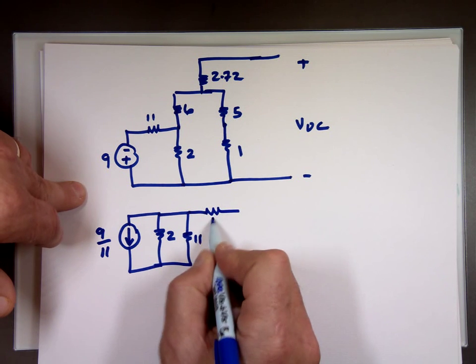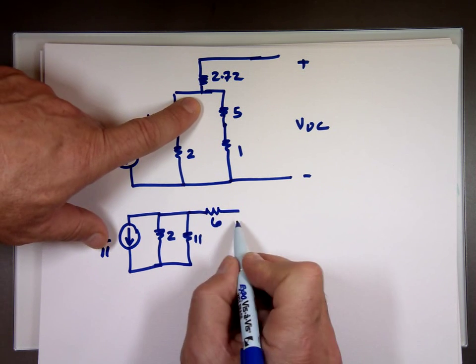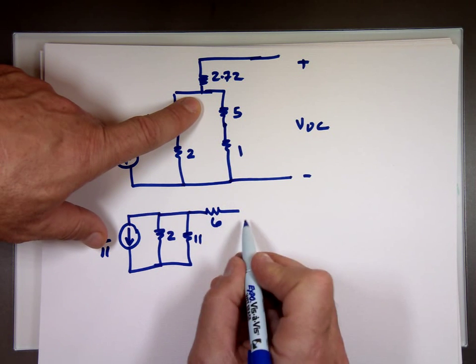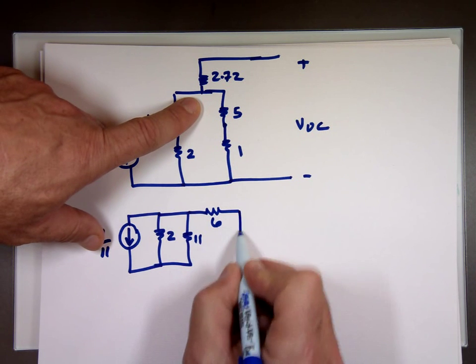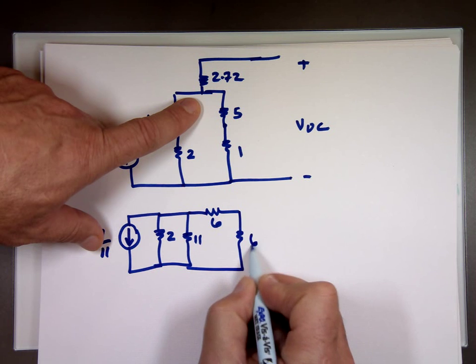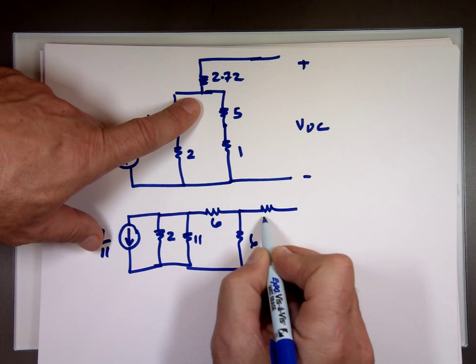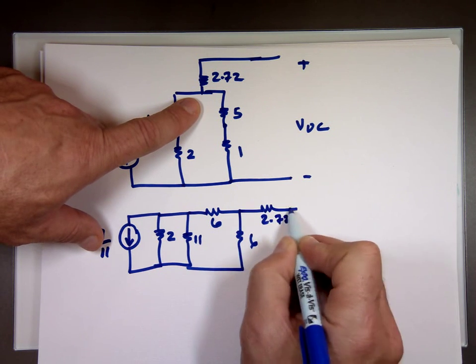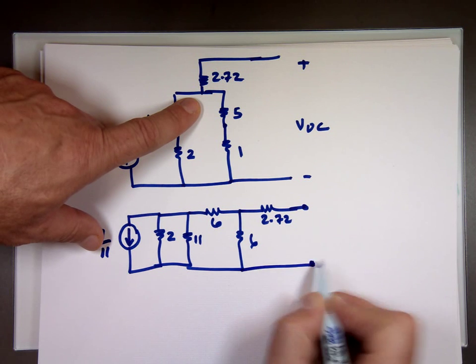There's the 6. And the 5 and 1 is what? 6? 2.72. Little bending here and there.